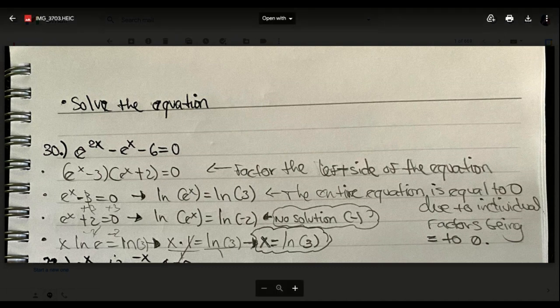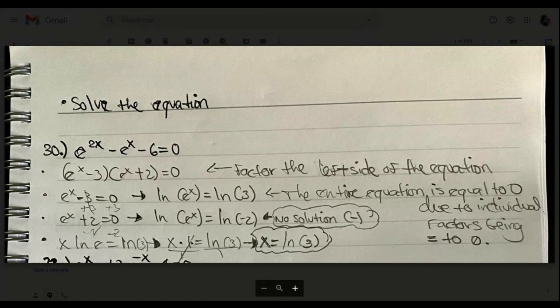Then we can expand ln e raised to the x power. We have to move x to the front of the logarithm, so this exponent is now in front of the logarithm. And we know that the natural logarithm of e is 1.